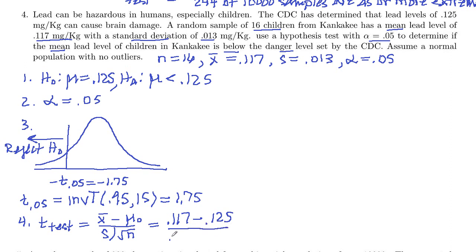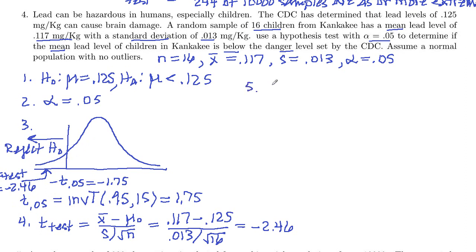Then our S here was 0.013, and then divide by square root of n, so root 16 would be divided by 4. So if we plug that into the calculator, we will get negative 2.46. So negative 1.75 here, so a negative 2.46 would be out here. So our t-test is negative 2.46. That is in the rejection region.